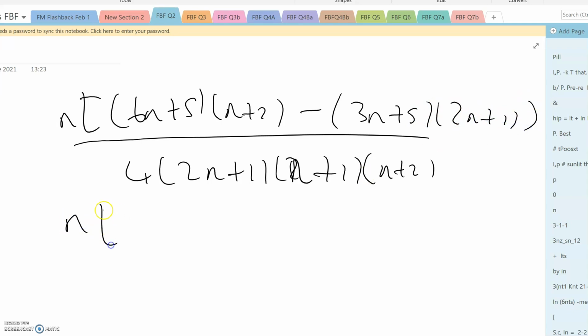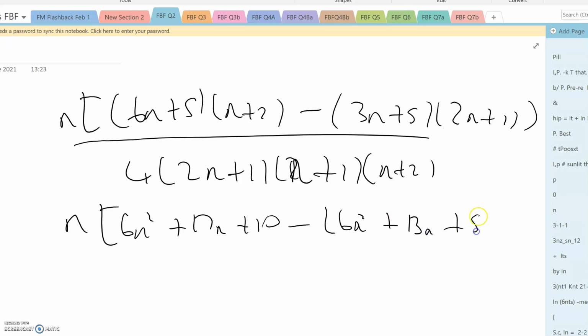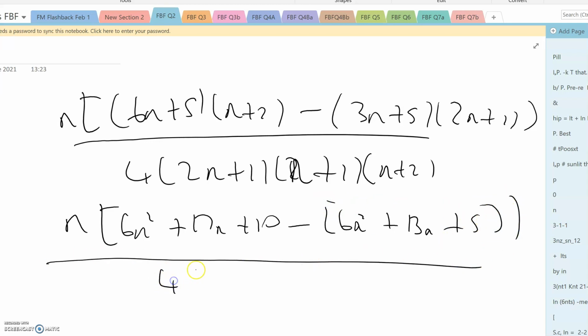Still a common factor of n, 6n squared plus 17n plus 10, take away brackets 6n squared plus 13n plus 5, and the same denominator.